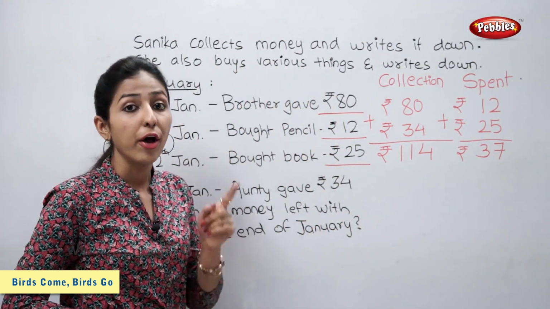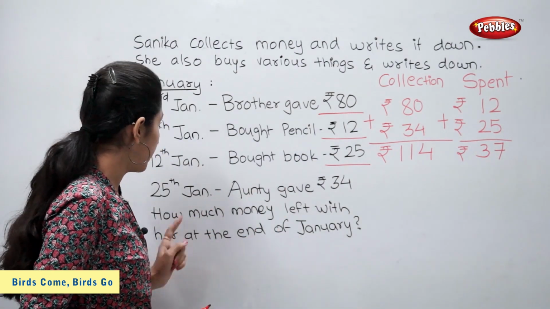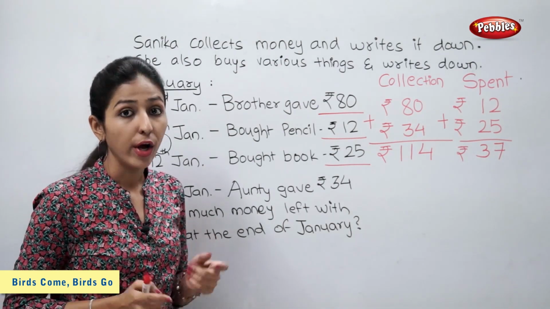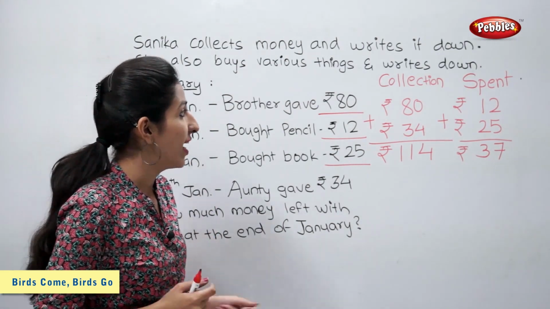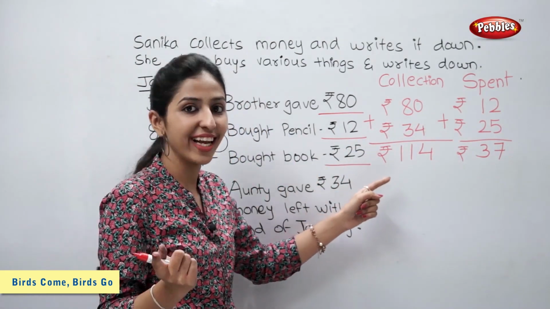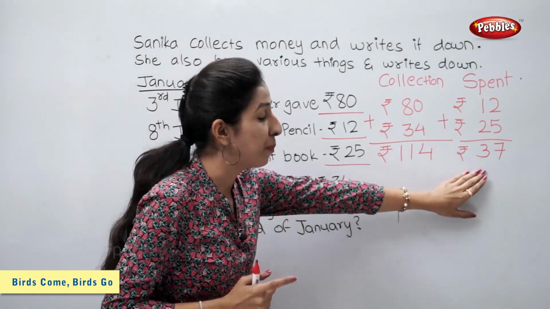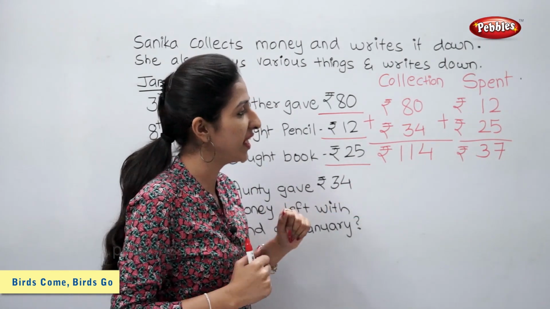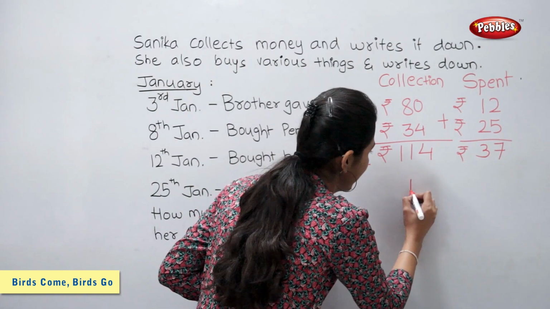Now students, we have to find how much money is left with her at the end of January. So, to find the final amount, we will subtract amount spent from amount collected. That is, we will subtract rupees 37 from rupees 114. Let us subtract.